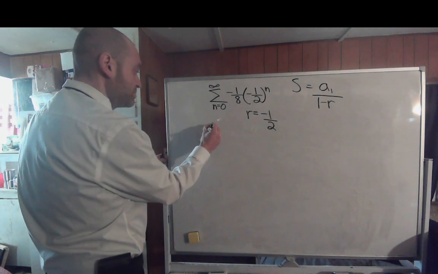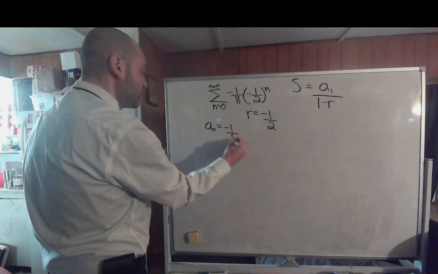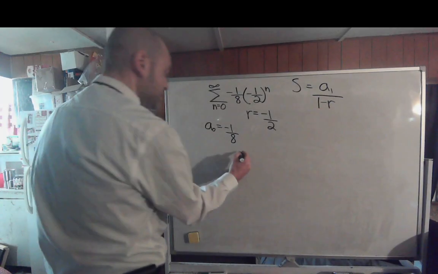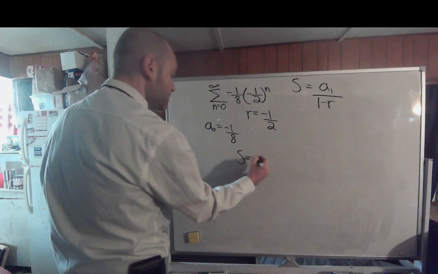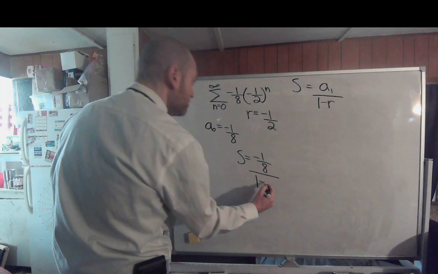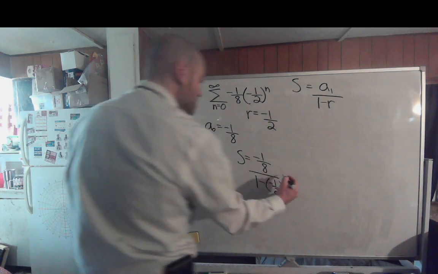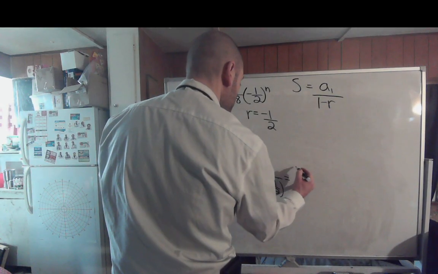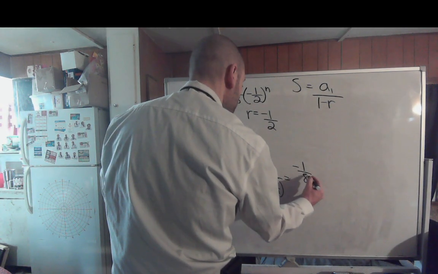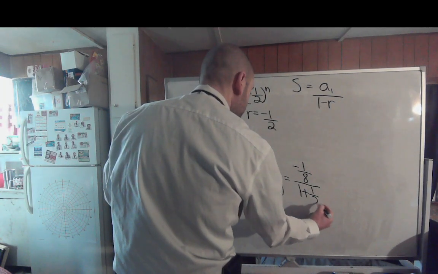Now your a sub 0 term is going to be -1/8. So let's go ahead and find the sum. That's going to equal your first term of -1/8 all over 1 minus your common ratio of -1/2. So this is going to equal -1/8 all over 1 plus 1/2.